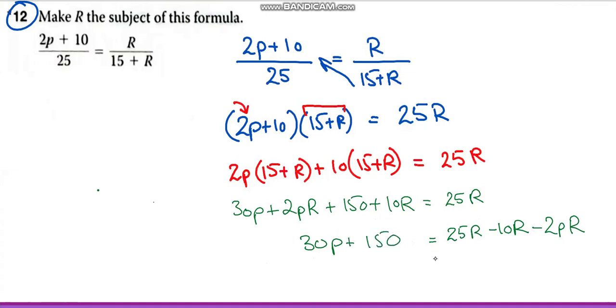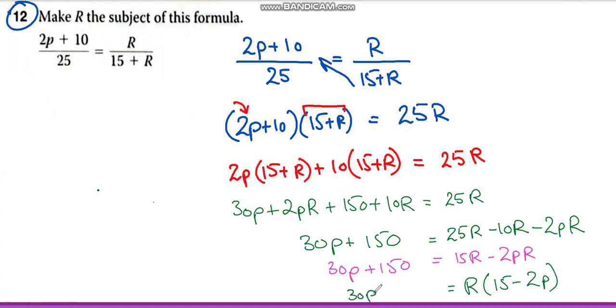Now if I simplify, I will get 15r minus 2pr, and here I will be left with 30p plus 150. Now I can take r as common, so I will be left with r times (15 minus 2p), and definitely here we will write 30p plus 150.